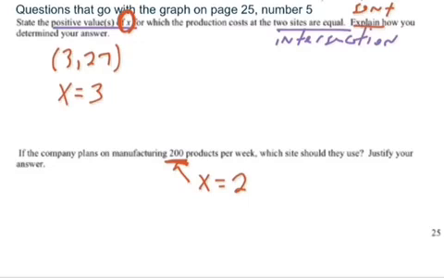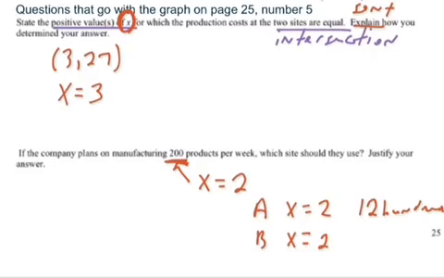So if you look at your table where x equals 2, you're going to see that company A, when x equals 2, is going to be 12 or 1200 according to the question, and company B, when x equals 2, it cost 19 or 1900.